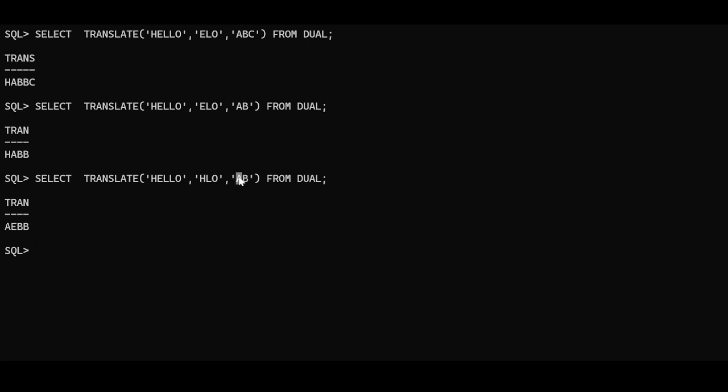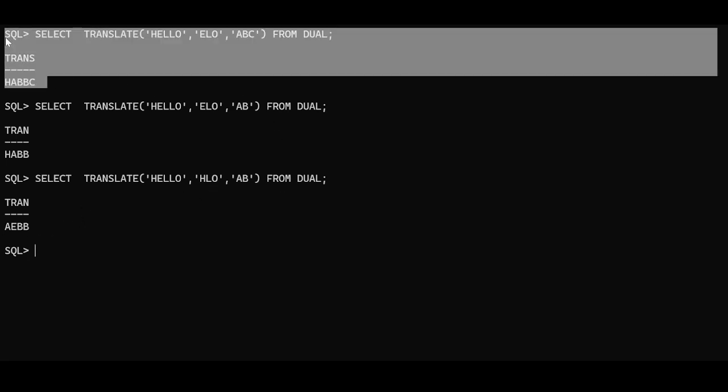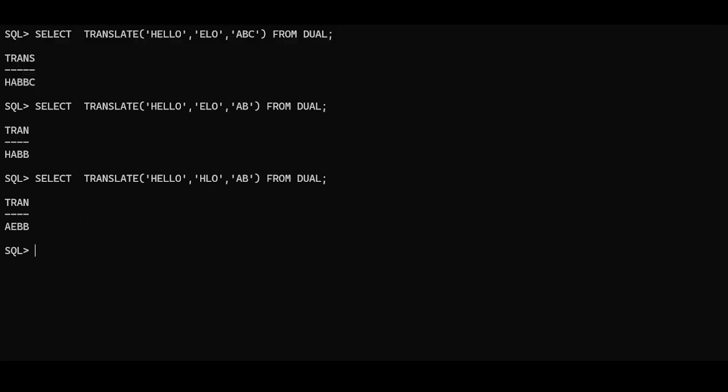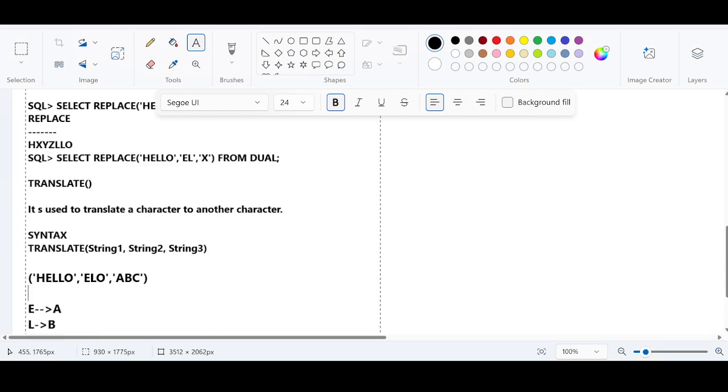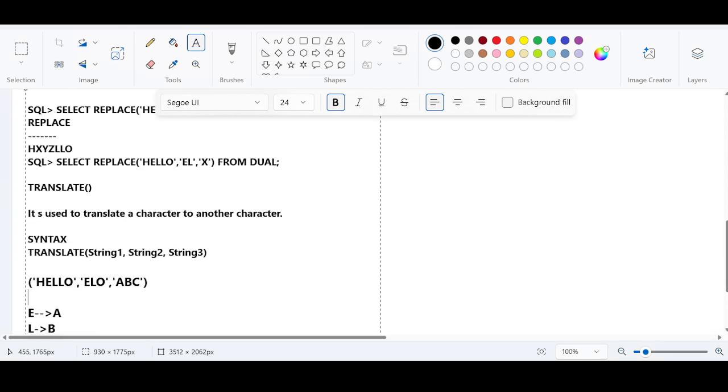H is mapped to A, so all the occurrences of H get replaced by A. L is mapped to B, all the occurrences of L get replaced by B. And you are not specifying anything for the O, so that's why the O is getting eliminated. This is the example that you can try. That's why I said translate a character to another character.